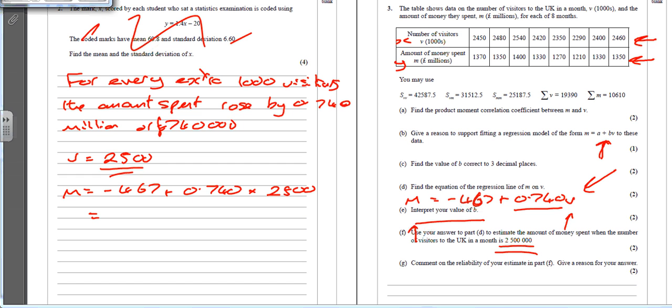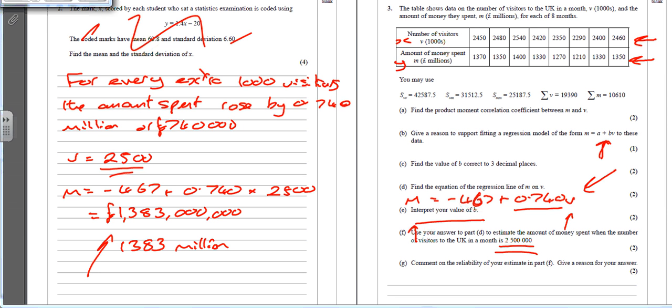If we do so, we get 1383. Now remember, that's million. So we can stick a bunch more zeros on the end of that, so either 1,383 million or that one there.